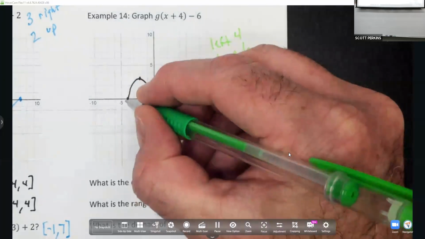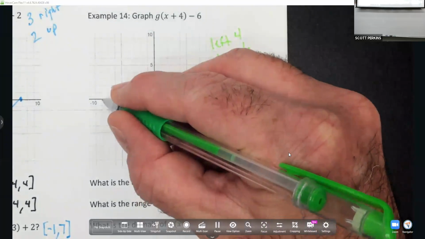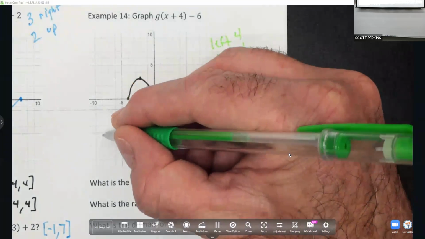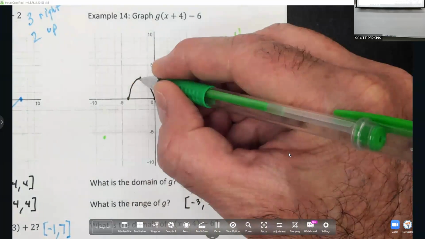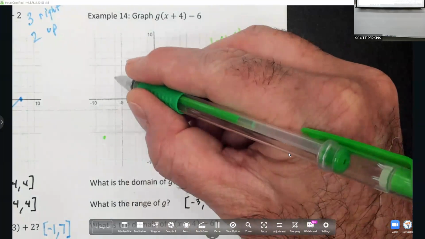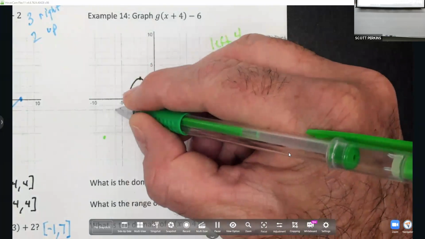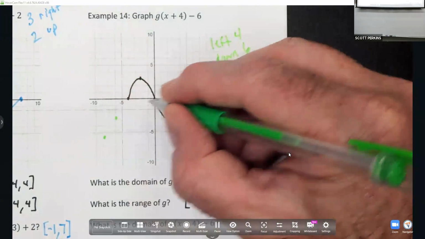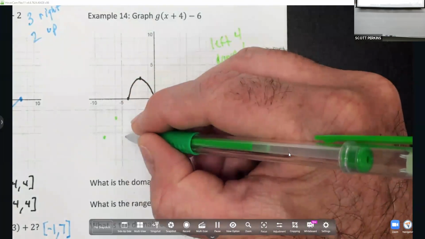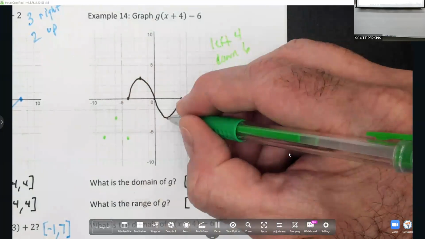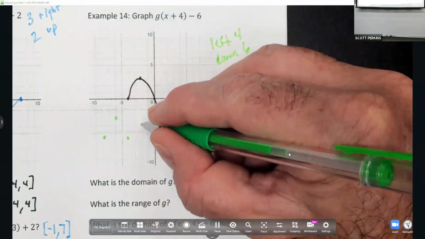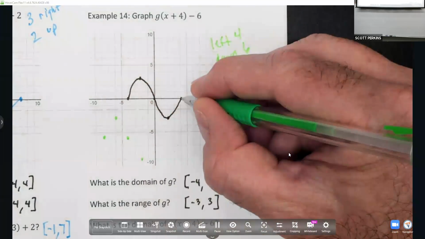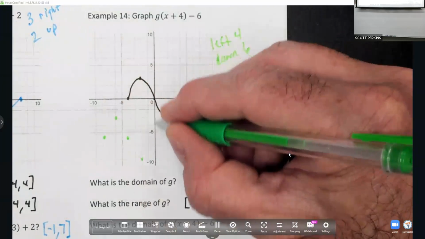So left 4, 1, 2, 3, 4, and then down 6, 3, 4, 5, 6. Good. Left 4, down 6, and then finally left 4, down 6.